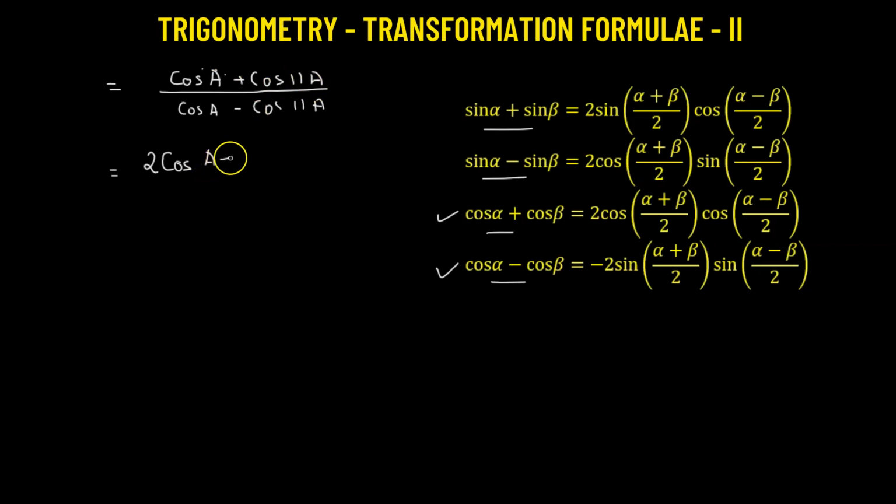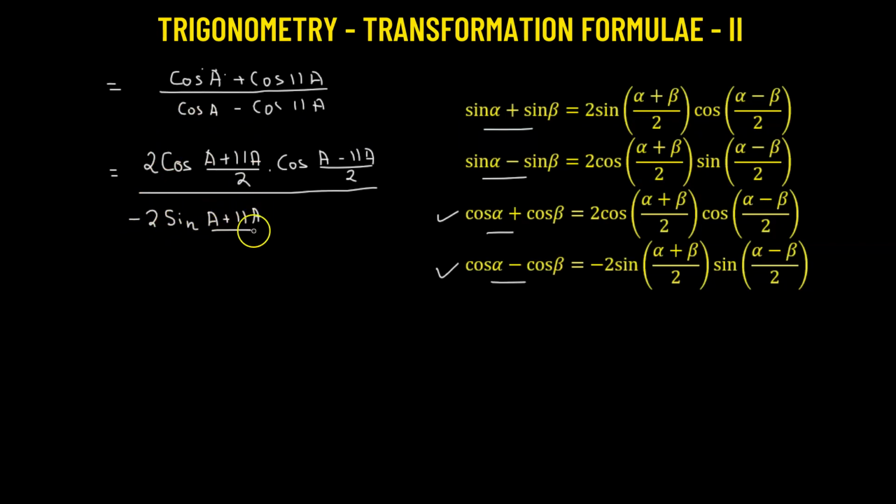So we get a plus 11a divided by 2 multiplied to cosine of angle a minus 11a divided by 2, whole divided by the denominator, which is the difference of two cosine functions. So we get negative 2 times sine of angle a plus 11a over 2 multiplied to sine of angle a minus 11a over 2.